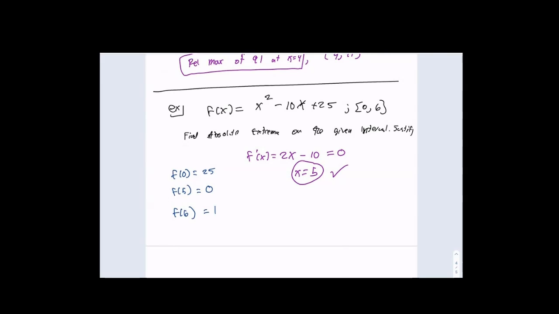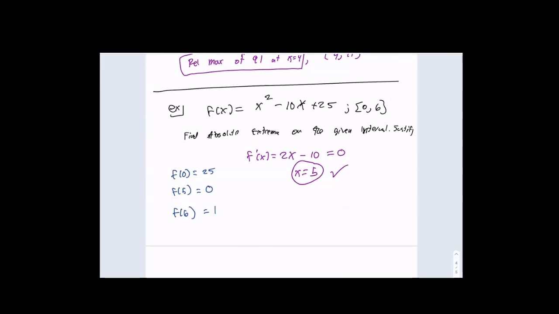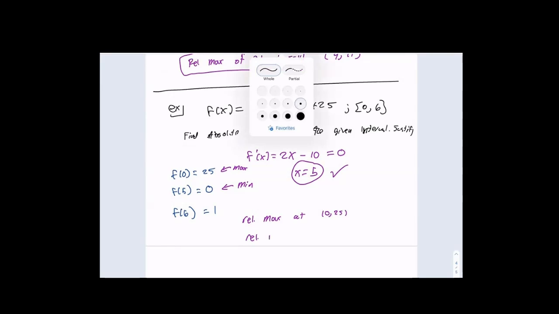All right. What's my absolute min? What's my min? Well, I'm going to point because we're running out of time. So this right here, there's my min. There's my max. I have a max at 0, 25.